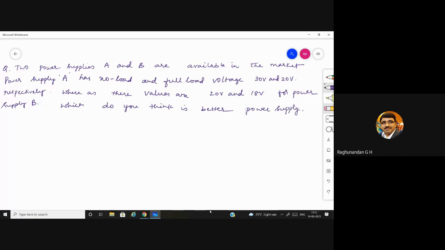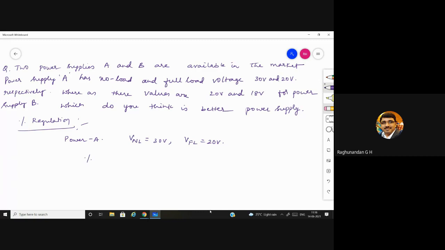If this kind of question is asked, you need to find the percentage regulation. By knowing the percentage regulation, you can judge which is better. Coming to power supply A, we have V no load equal to 30 volt and V full load equal to 20 volt.